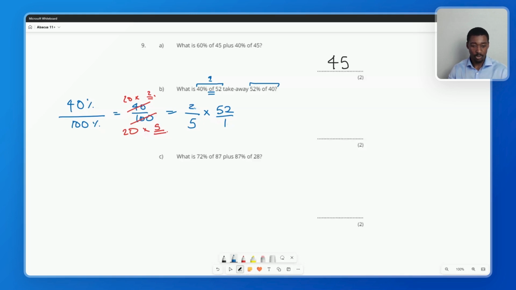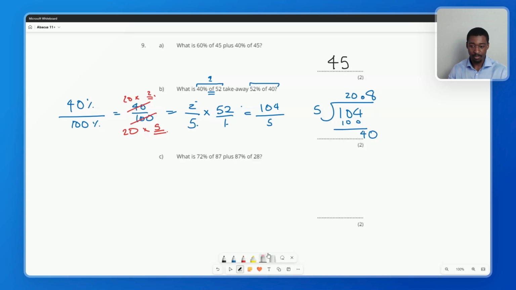Well, how do we do this? First, let's start by multiplying the two numerators, giving us 104, divided by the two denominators, 5. So we have 104 divided by 5. Well, 5 goes into 100 20 times, giving us a remainder of 4. 5 does not go into 4, so we add a decimal point and we add a 0. 5 does go into 40 8 times.